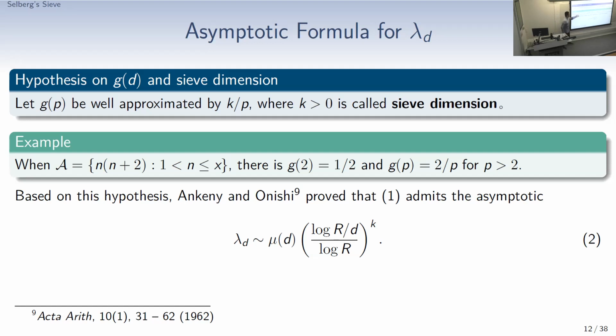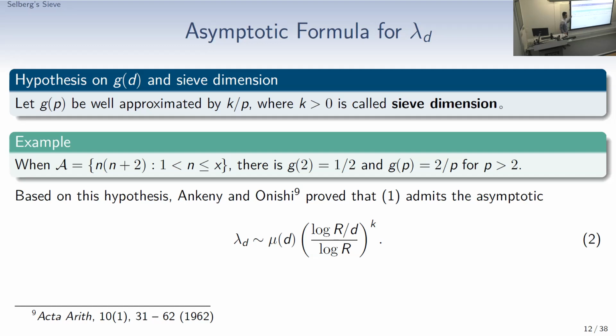For example, in the twin prime case, A of d is counting the set of multiples of d in this set of elements. When d is a prime, we see that n times n plus 2 is divisible by the prime if and only if n is divisible by the prime itself or n plus 2 is divisible by the prime itself. This congruence gives two solutions when the prime is greater than 2.